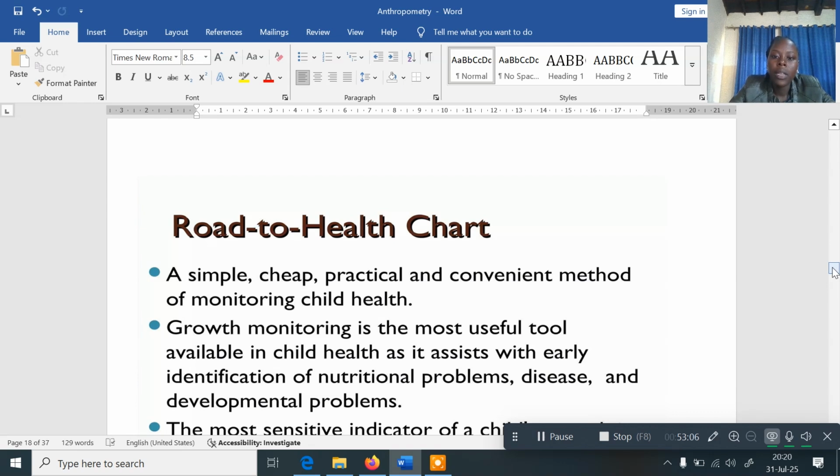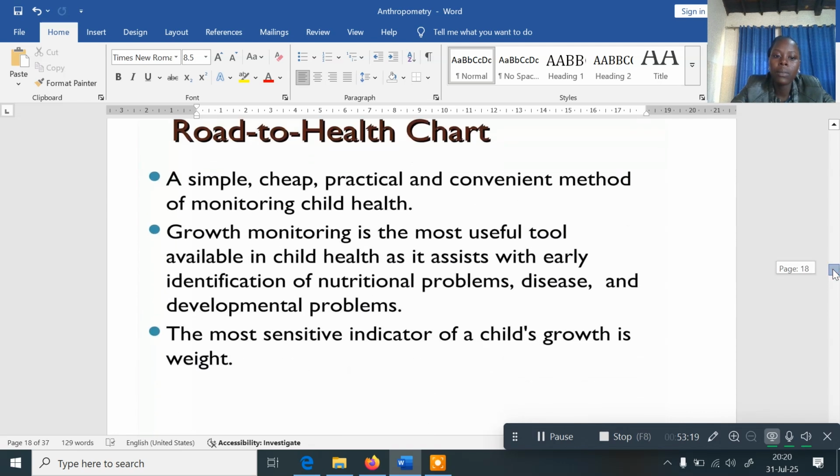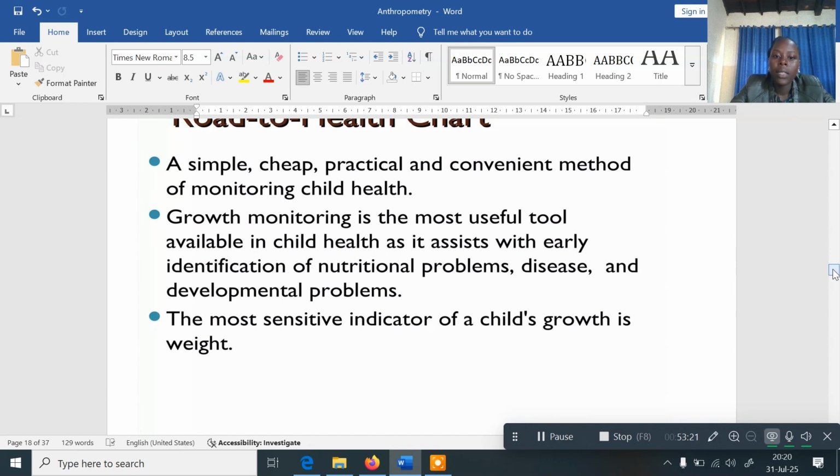Growth monitoring is the most useful tool available in child health, as it assists with early identification of nutritional problems, diseases, and developmental problems. And the most sensitive indicator of a child's growth is their weight. It is the most sensitive indicator.